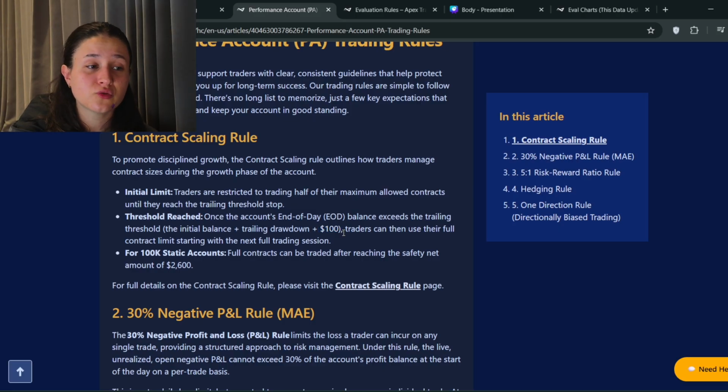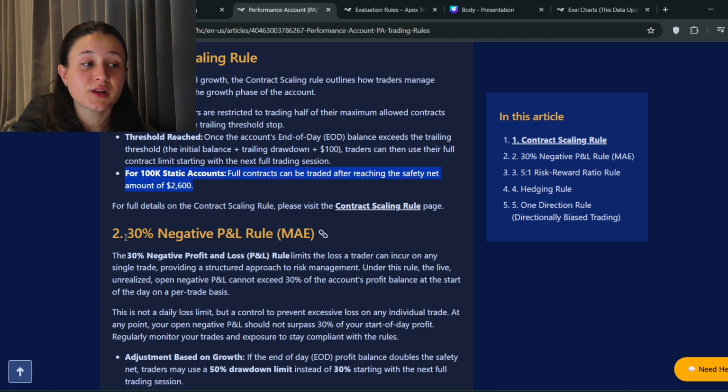Once your account reaches 52.6, you can then use the full contract limit starting with the next trading session. Okay. And then you can continue to read for the static one.